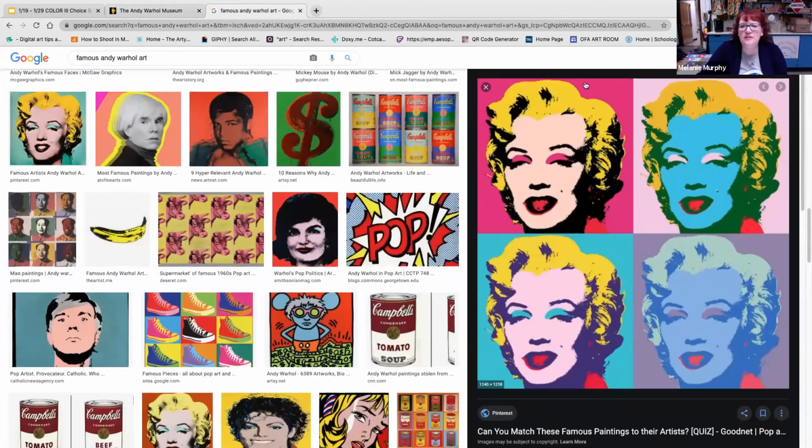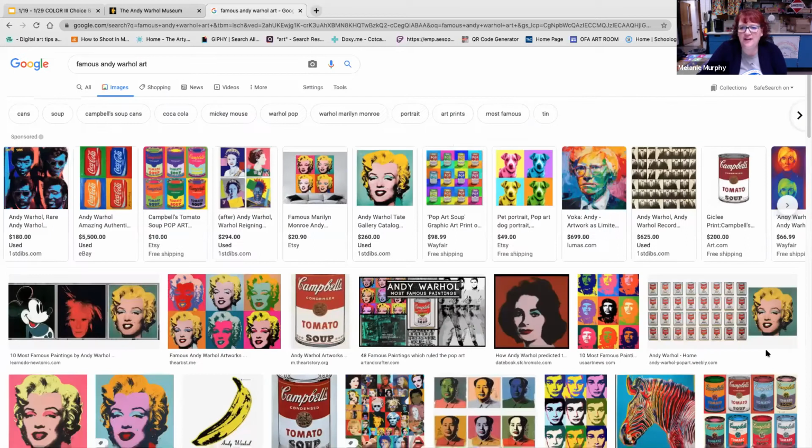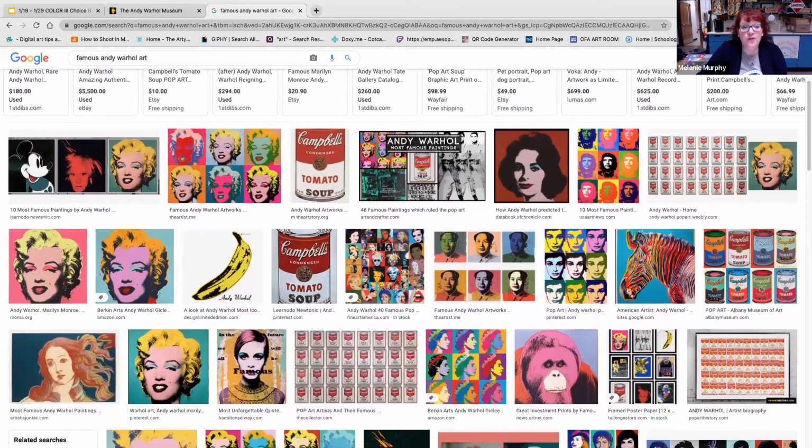So if I did a Google search of his most famous works, you can find a lot of things that are representative of Andy Warhol's style. He used a process of silk screening, which is what's used on shirts.